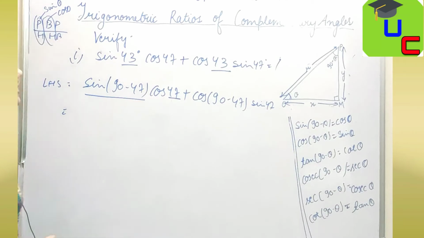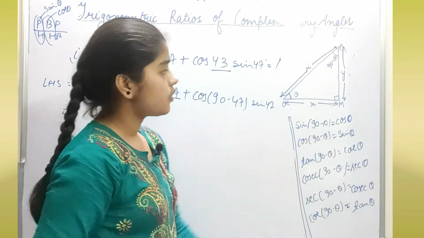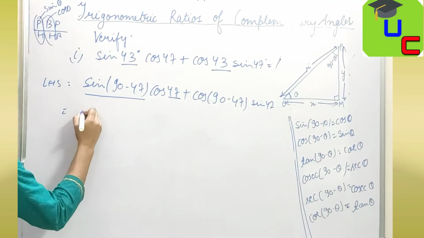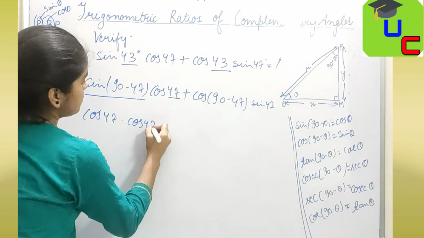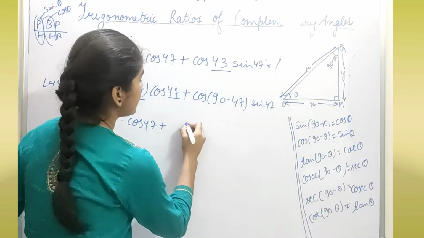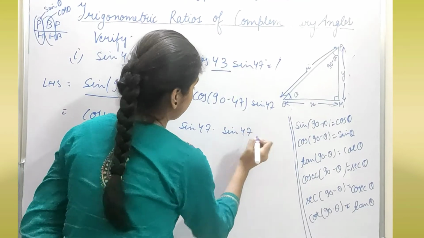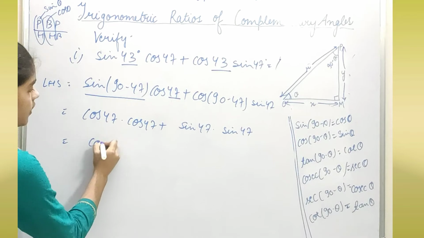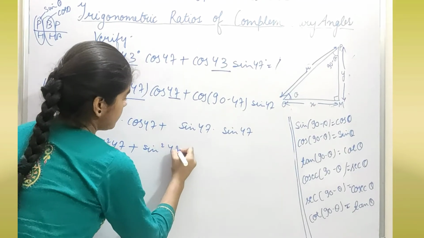You can write sin 90 minus 47, that is sin 90 minus theta is equal to cos theta, where theta is 47. So this is cos 47, plus cos 90 minus theta as sin theta, that is sin 47, into sin 47. Okay, this is cos square 47 plus sin square 47.